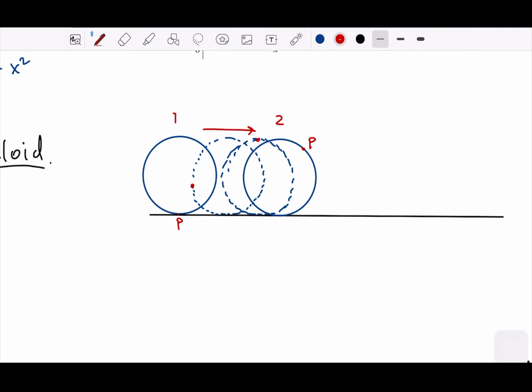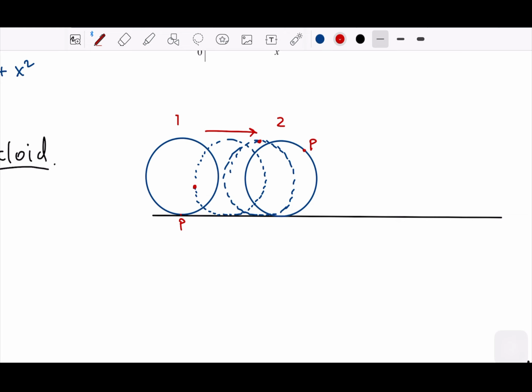If all possible P positions in every movement of the circle, if the circle has a certain circular motion where P is changing its position, and if we connect all the dots, okay, we connect all these P positions, we could have certain shapes. Okay.